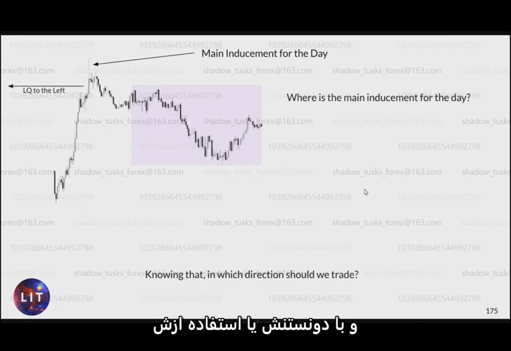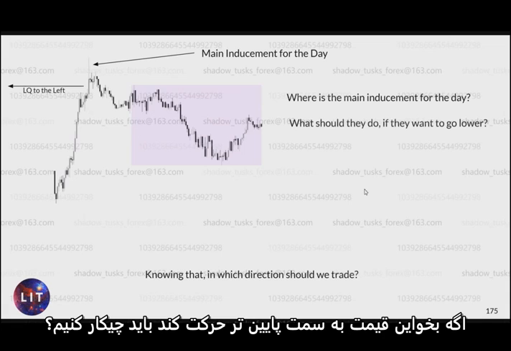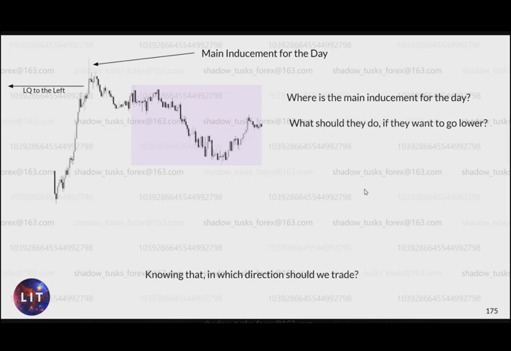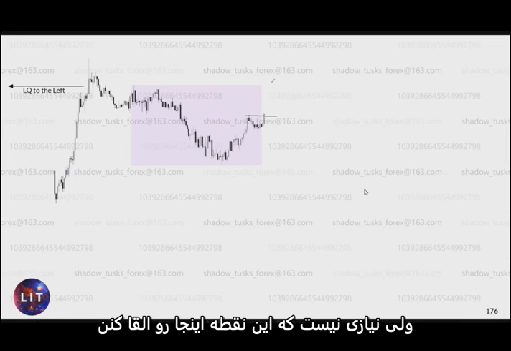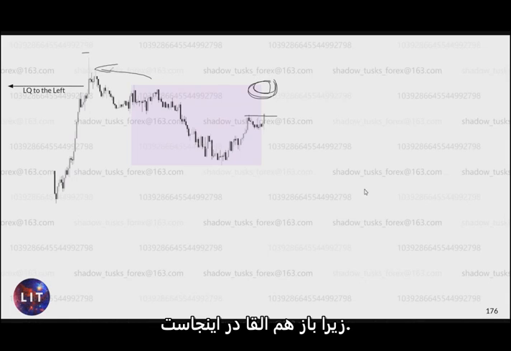And of course, by knowing that, what should they do if they want to go lower? Of course, they want to go higher even once more. They don't need to induce this point in here though, because again, the inducement is in here. They just need to induce a little bit.